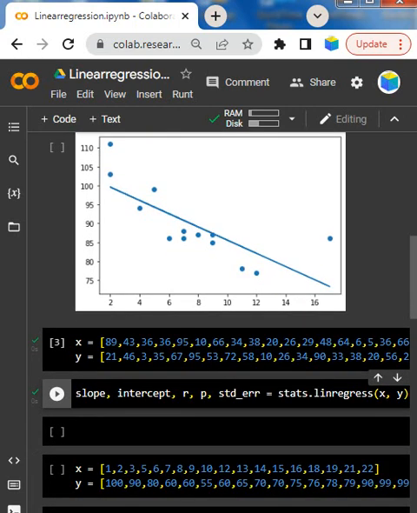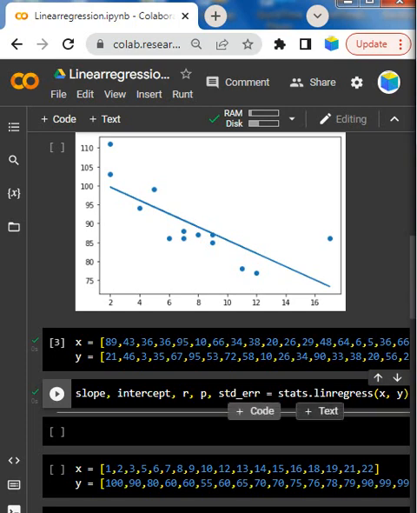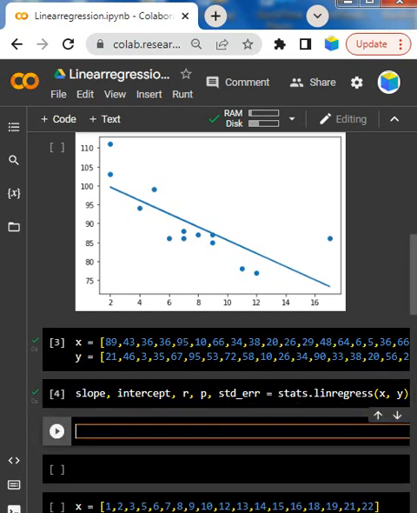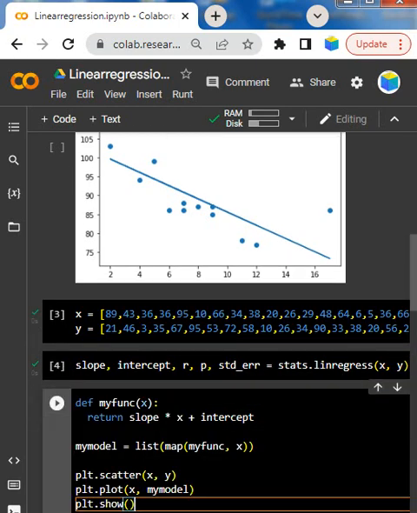Now I am going to create a function, and then we will try to plot this method. So let's see, I am printing here. I have created the function as slope times x plus intercept, for my model, and look here what happens.